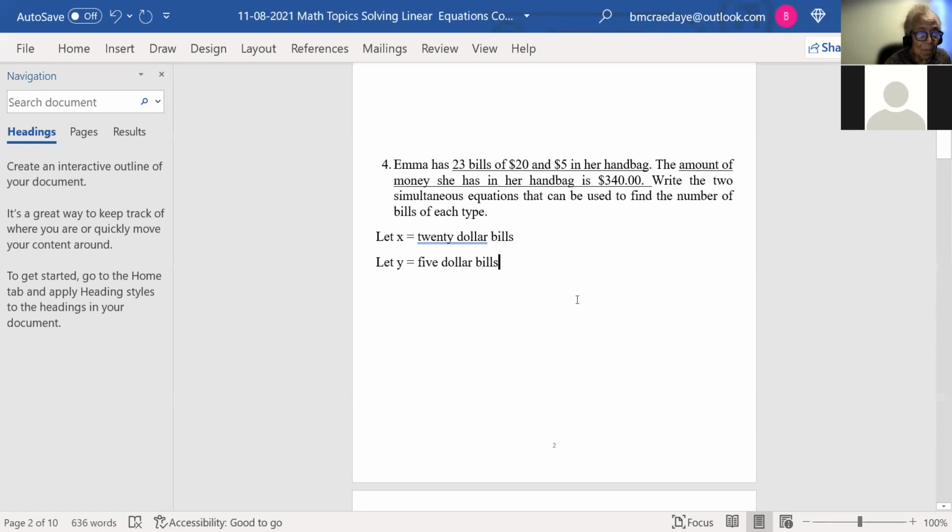How did you write 23 bills of 20s and 5s? How did you write that equation?